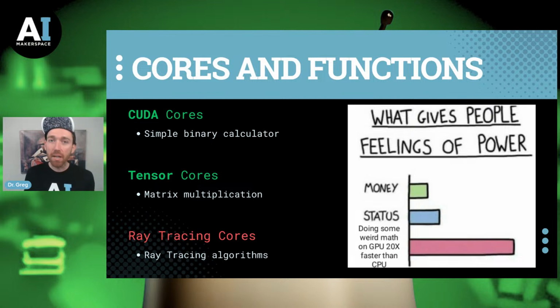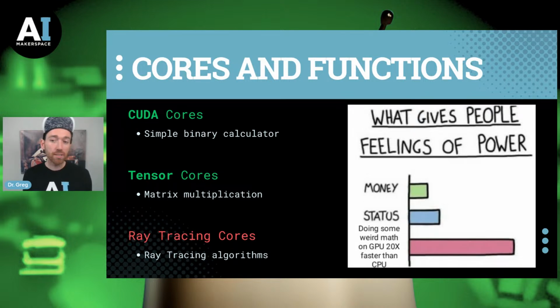So when we think about these, CUDA cores are simple binary calculators. We can do addition, we can do multiplication, and we can do a few other things. Tensor cores, and for those of you into AI and machine learning, you might imagine these are for doing tensor multiplication, matrix multiplication, matrix addition, used an awful lot for working with neural nets and AI.